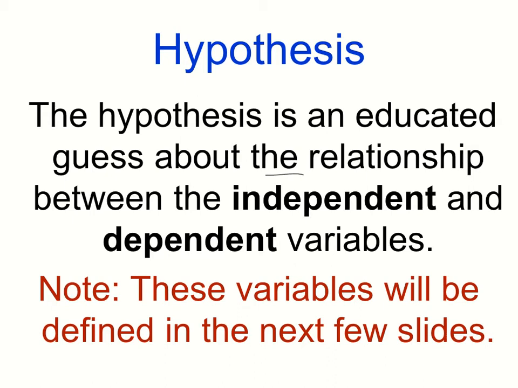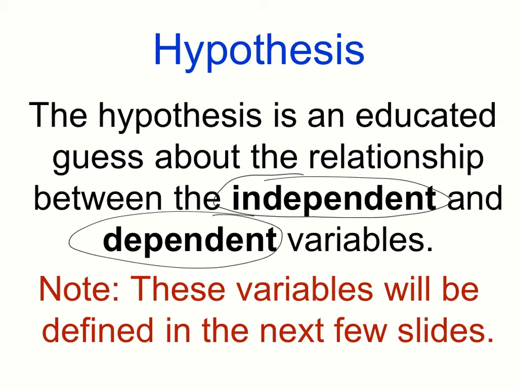When you do an experiment, there's a relationship between the independent and dependent variables. Remember, the independent variable is the thing that you're going to control. I imagine in this case, John is going to control the amount of sugar. The dependent variable is what's affected because of what you changed in the independent variable. So in this case, the dependent variable would be how high the actual bread dough rises.